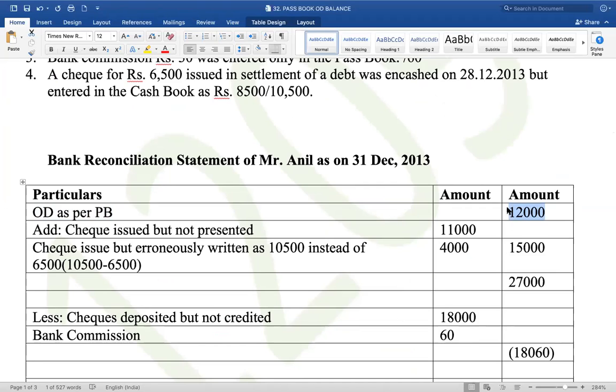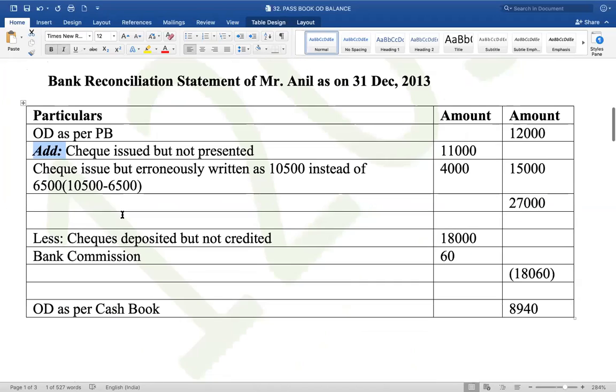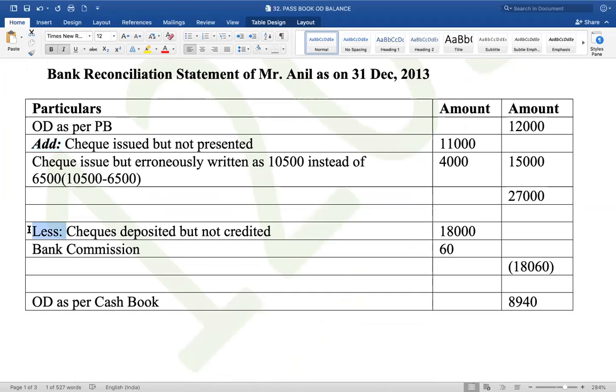You have written that. Then there are certain things you have to add, so give a small side heading to add. Then there are certain things you have to deduct, so write a small heading, less. If possible, you can make it italics or whatever beautification you can give.